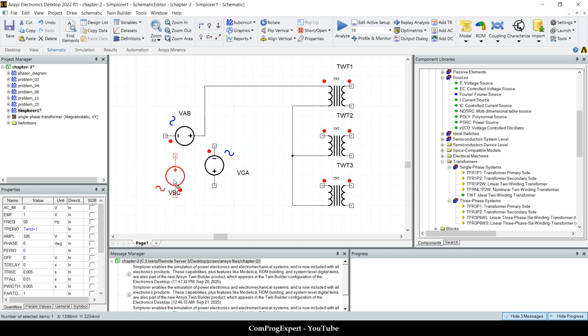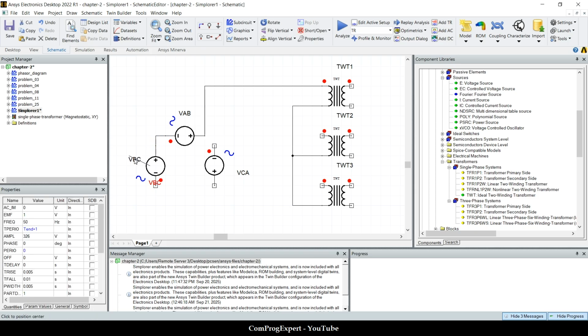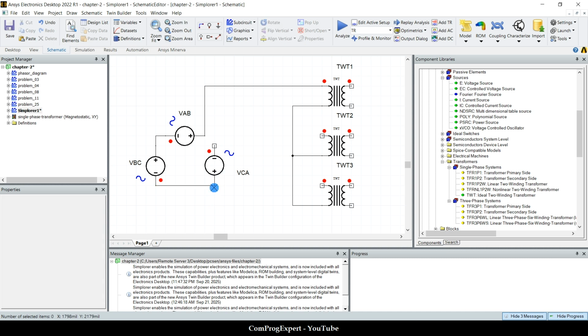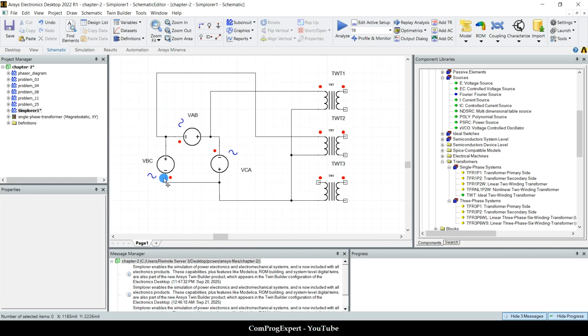Let me rotate this one. This is the point B. Here we have the line C. And this is VCA. Yes. So here I should connect this point to B and this point to C. So here we have this delta source connected to this star connection for the primary.